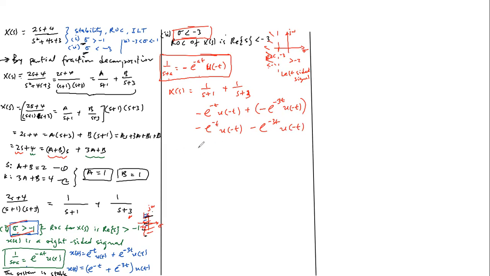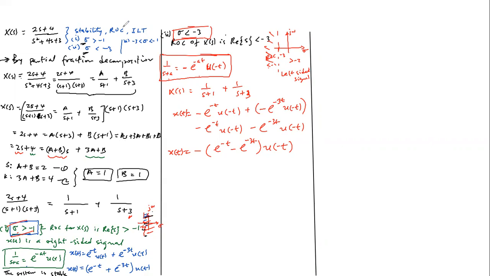Okay, so this is going to give us minus e to the minus t, minus 3t, minus t. So the inverse Laplace transform is, and by inspection, you can see that the region of convergence does not include j omega.